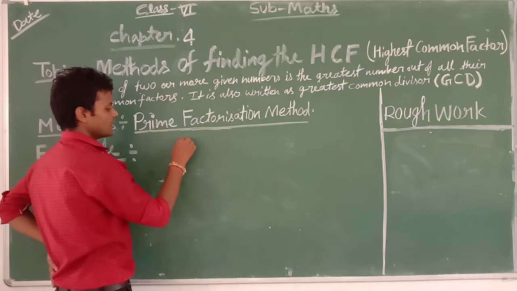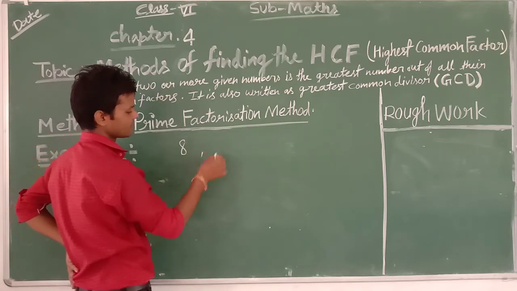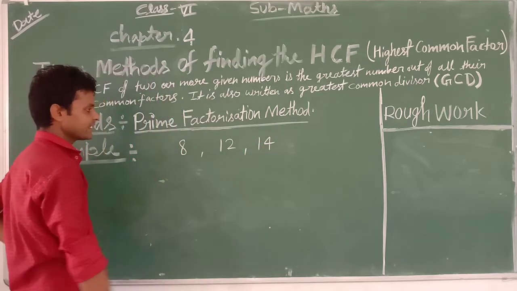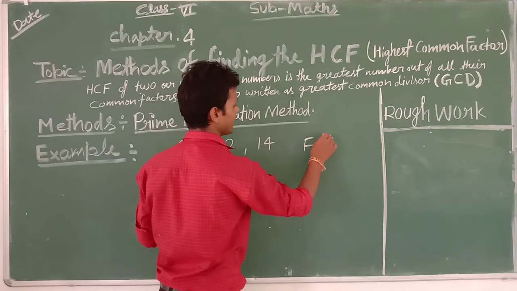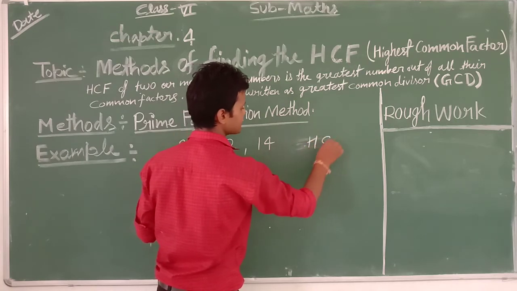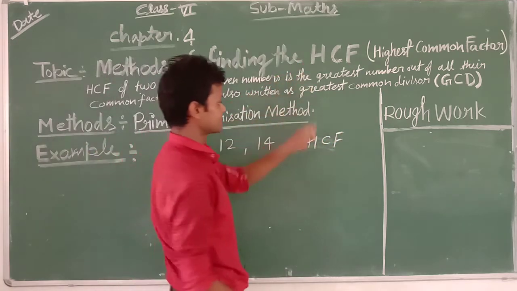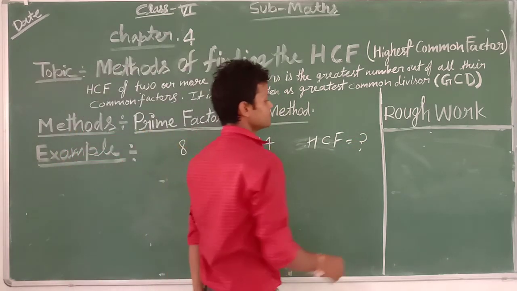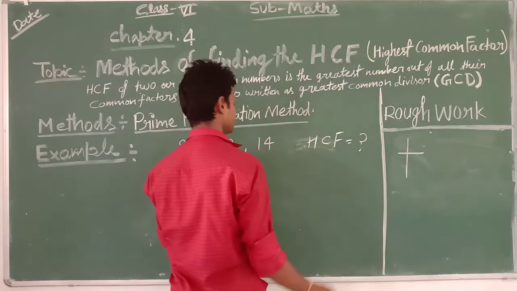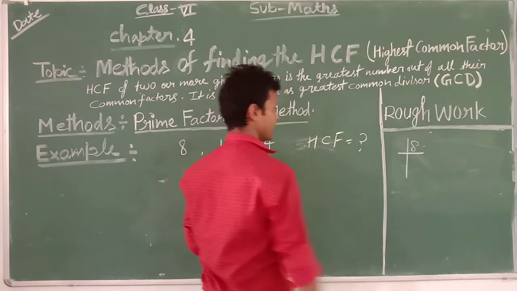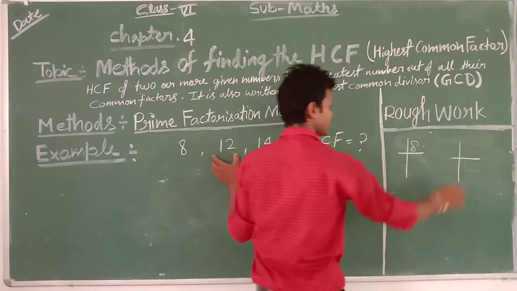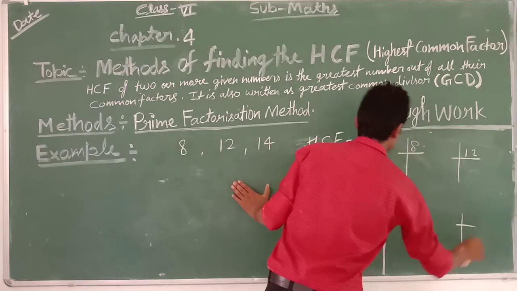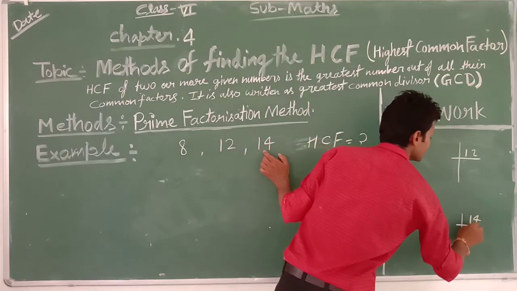Okay, I take 8, 12 and 14. Just like that, find the HCF. What is the HCF of the numbers 8, 12 and 14? Make a line this type and write 8, draw a line and write 12, and write 14.